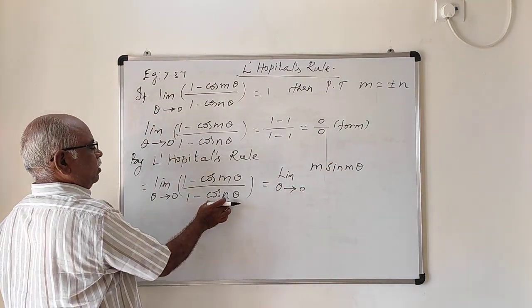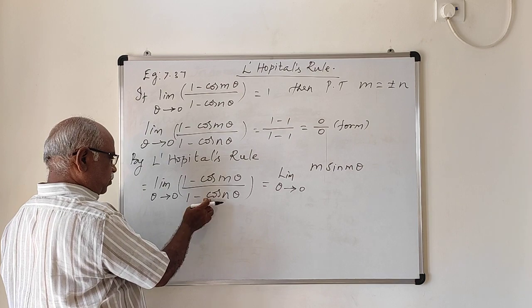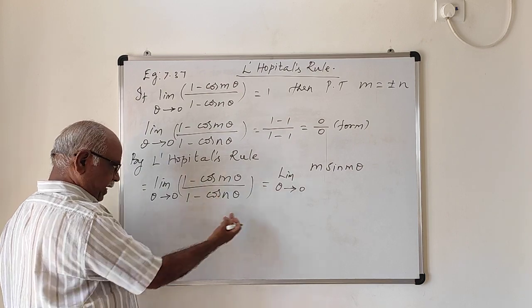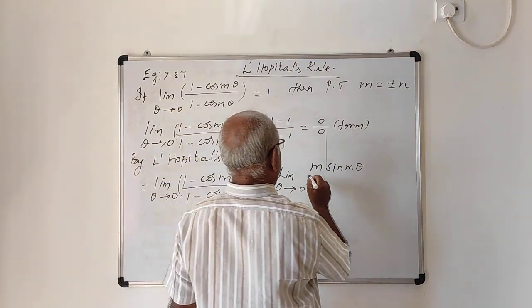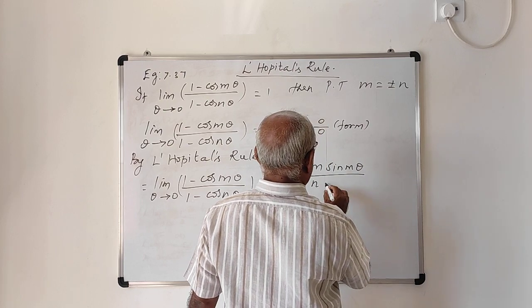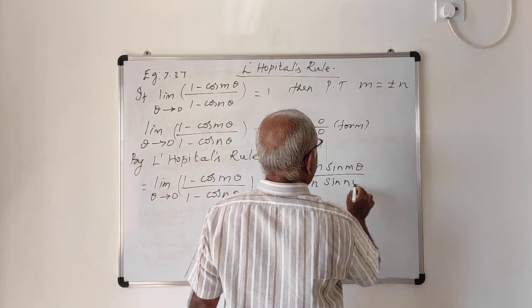Similarly, in the denominator, the derivative of cos n theta is minus sin n theta into n, therefore n sin n theta.